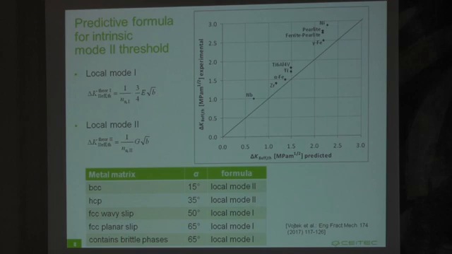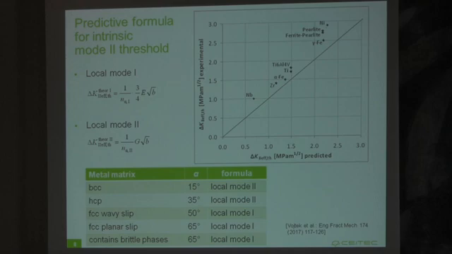Based on this analysis, we were able to formulate a guideline for various metallic materials with different structures. Here are the characteristic deflection angles for the materials, the appropriate local mode growing mechanism, and the corresponding formula for the effective threshold to be used.